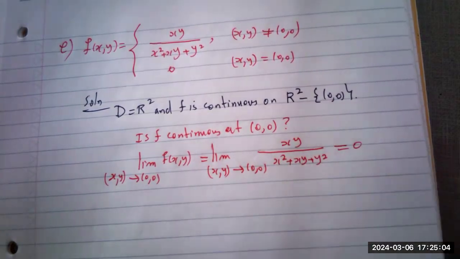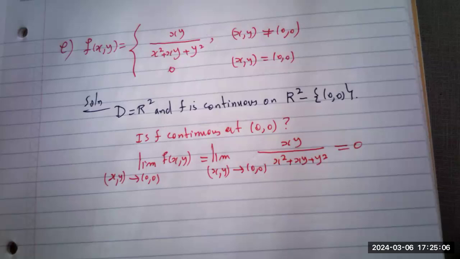Again, you can do all of them at the same time. So this is going to be the case. As we talk about it, we think that this limit does not exist.